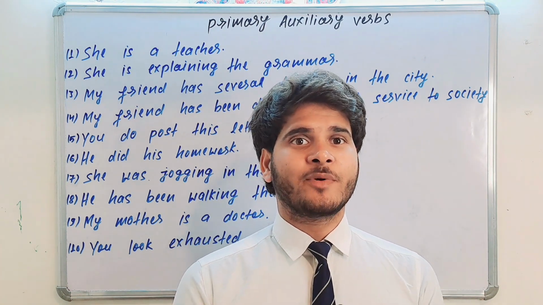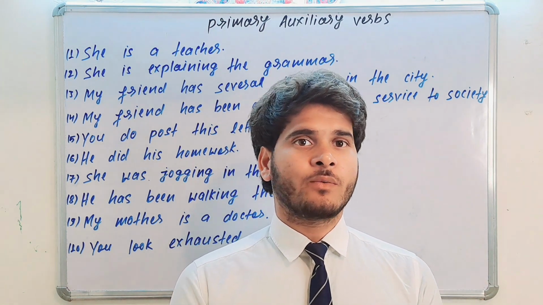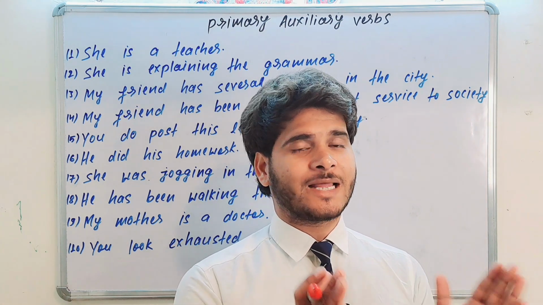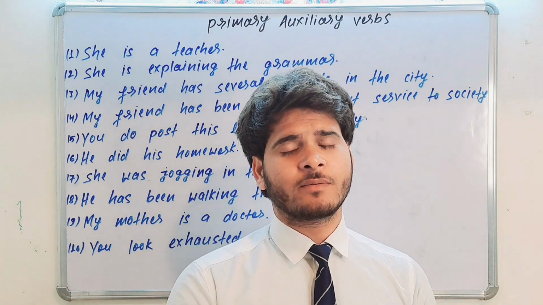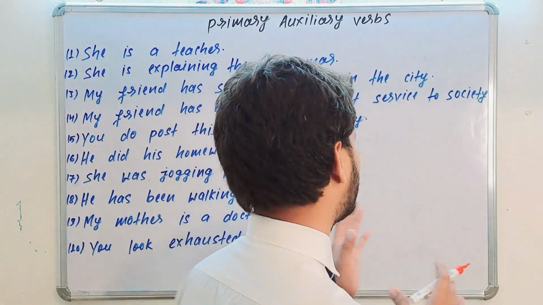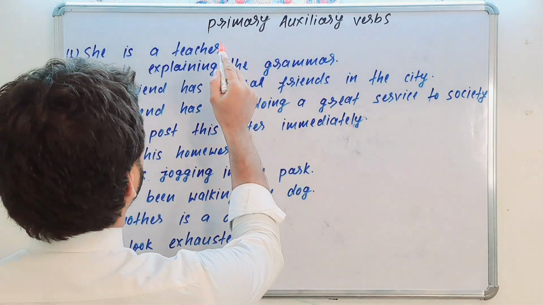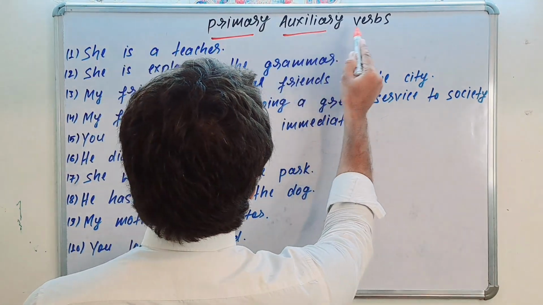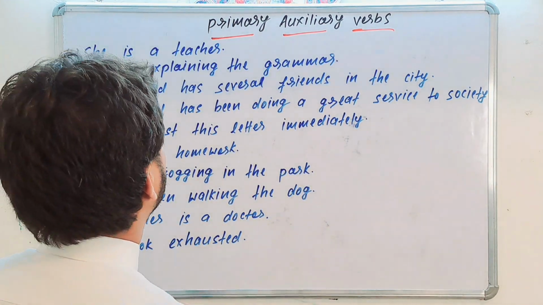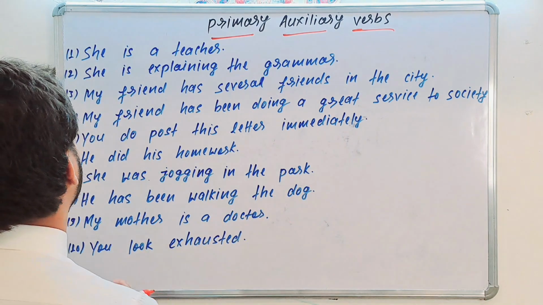So primary auxiliary verbs work as both, sometimes helping verb, also known as auxiliary verb, and sometimes main verbs. Now here understand. So you're learning primary auxiliary verbs, the types of auxiliary verbs, the types of helping verbs.